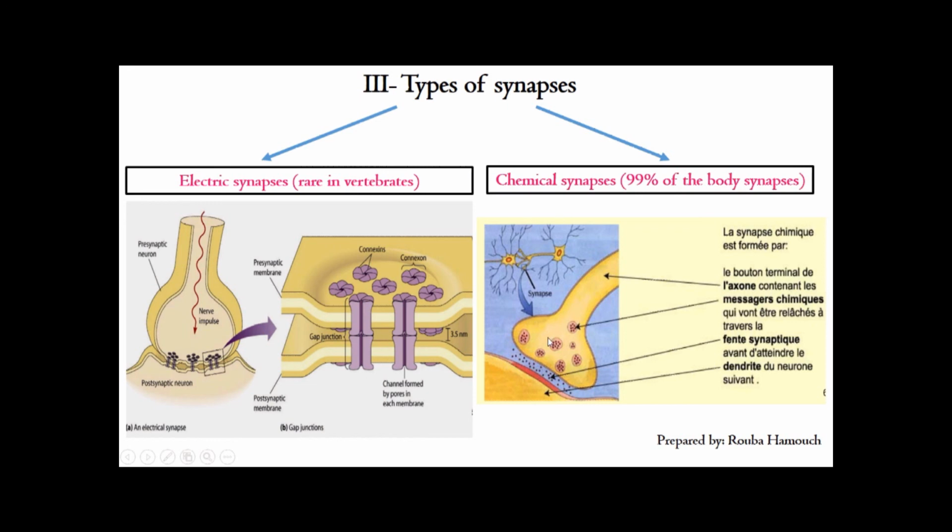Whereas in the chemical synapses, as you can see here, the small space is called synaptic cleft. This space is an electric insulator. It separates the two cells, the presynaptic cell, which is always a neuron, and a postsynaptic cell, which can be a neuron, a gland, or a muscle.